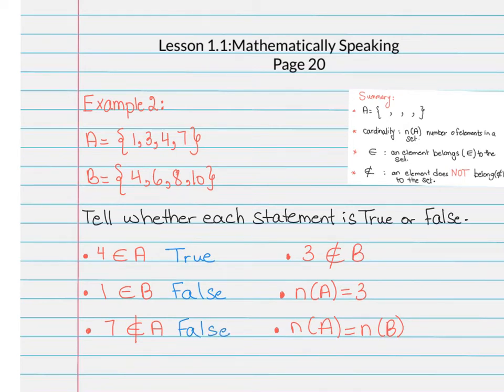Let's continue. 3 does not belong to B. So the statement says that 3 should not be in B. So I'm not supposed to find the 3 in B. Let's see. Can you find the 3 in B? No. So this statement is true.